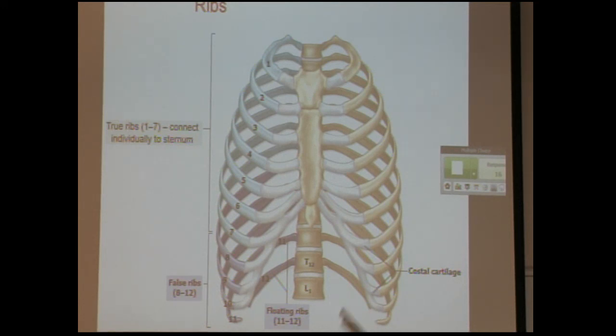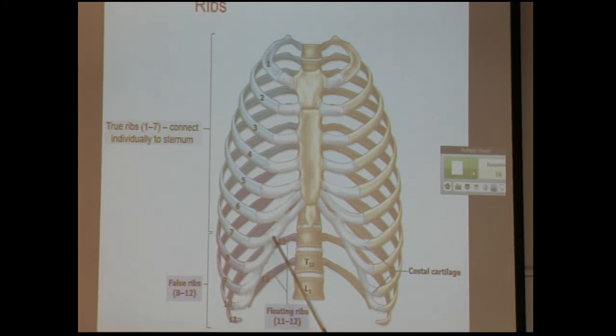A few other things. The true ribs are 1 through 7, and when we say true ribs, we mean they go directly from your backbone to the breastbone. And if you notice, what does rib 8 do when it comes around to the front? It goes up and connects to 7 first.